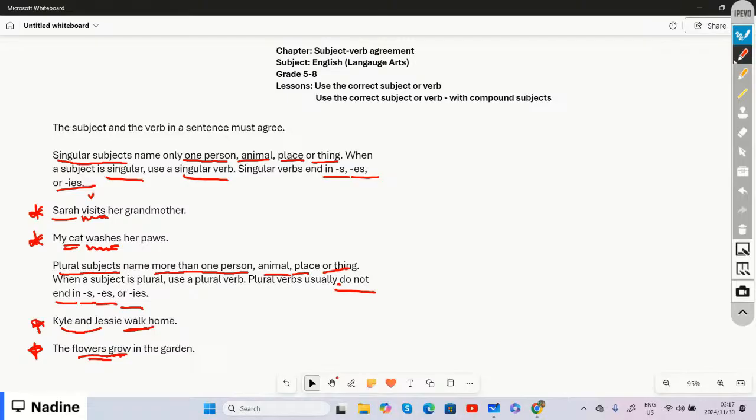And once again, we see that our subject and our verb in a sentence must agree with one another. Our singular subject names one person, animal, place, or thing, and we need to use a singular verb that agrees with it. And a singular verb ends in s, es, or ies. And then we have our plural subjects. It names more than one person, more than one animal, more than one place, more than one thing.